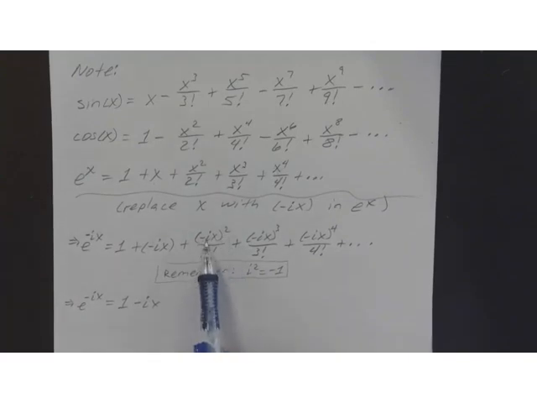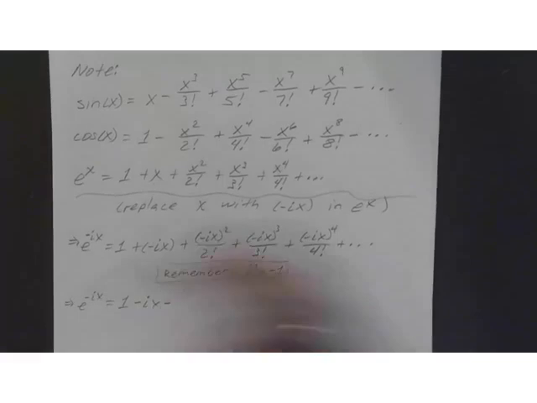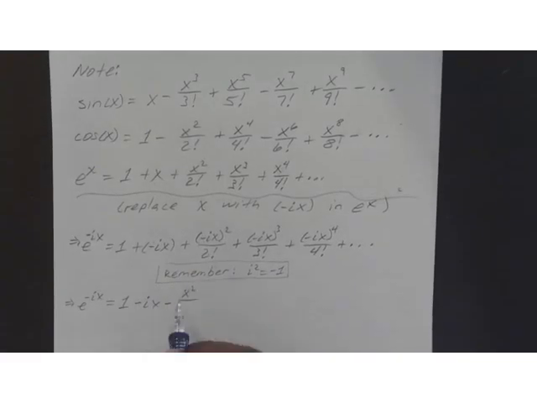That i squared, well, negative times negative will be positive, but that i squared is -1. That's negative x squared divided by 2 factorial, which is 2.